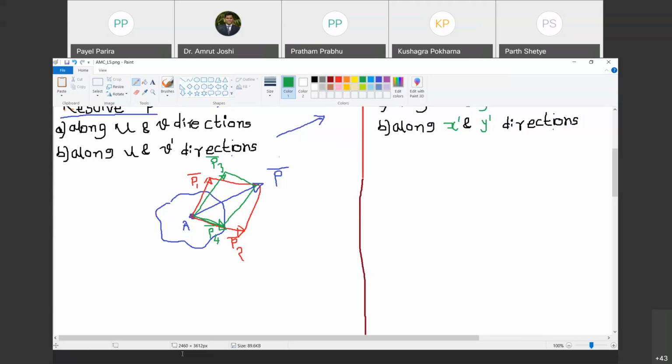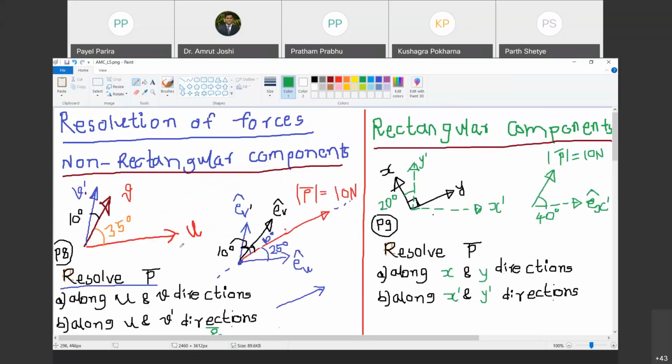If I resolve P bar along two directions, let us say U bar and V bar, along U and V, if I resolve the force P bar along two directions U and V, then if I remove P bar and apply those components along U and V bar at the same point of application, that system will have same effect not only at point of application but also at all other points on the body as P bar was having. Are you with me?